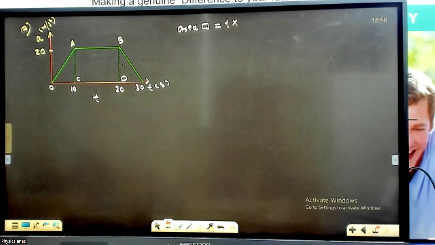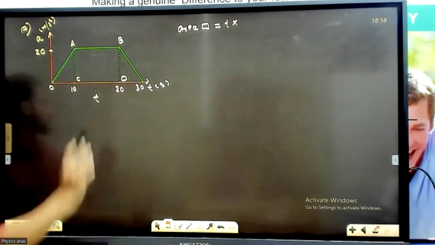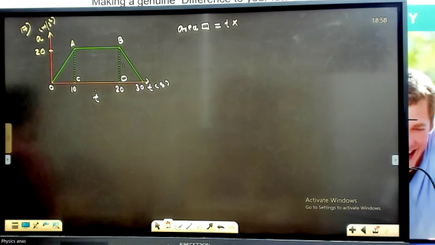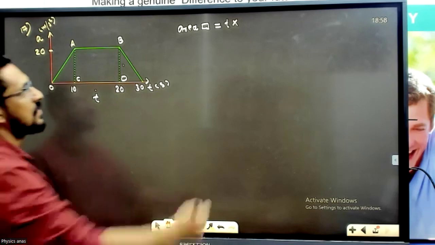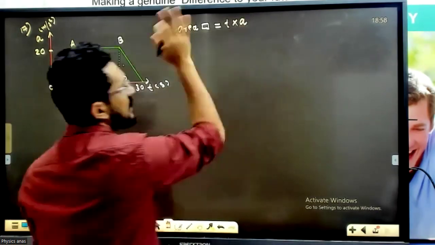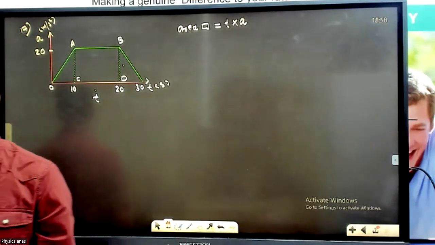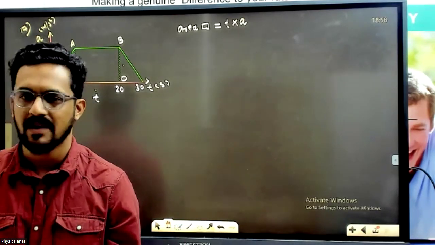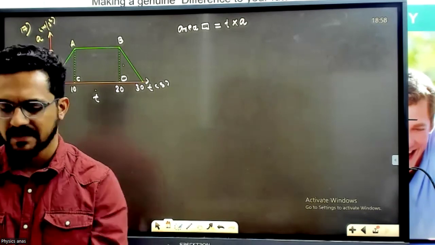Did you get it? Length will be time, breadth will be acceleration. So time into acceleration is area. Did you understand that?